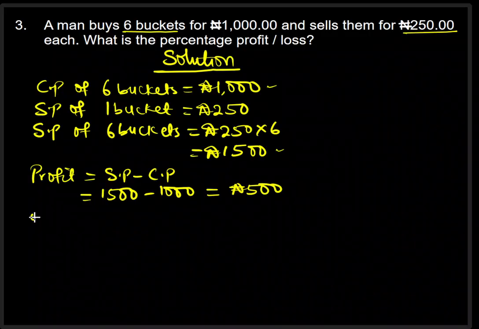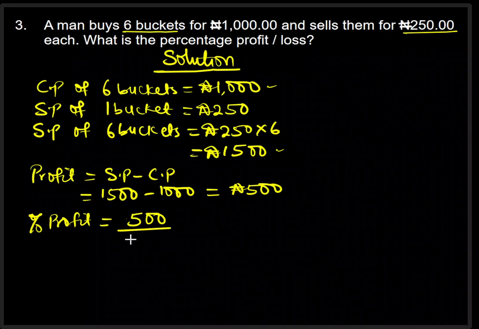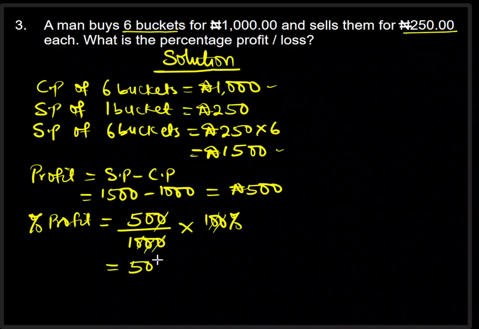So when we get that, percentage profit is equal to 500 over our cost price, which is 1,000 naira, times 100%. So this cancels the two zeros here, and then we'll be having 50%. All right, so our percentage profit is 50%.